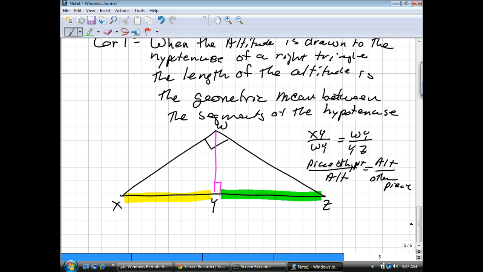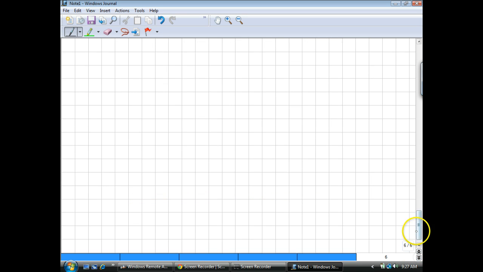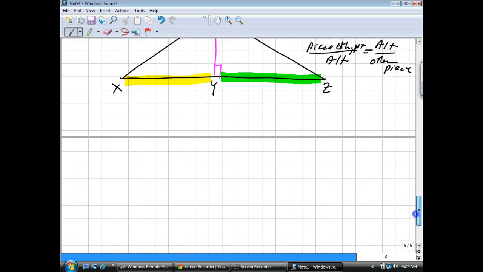So then corollary 2 has to do with the legs.